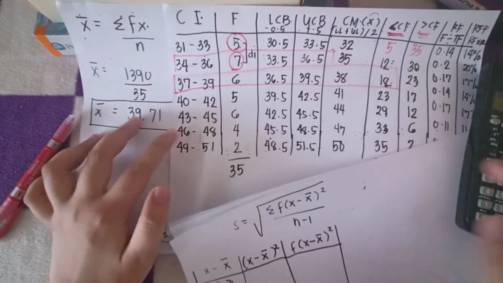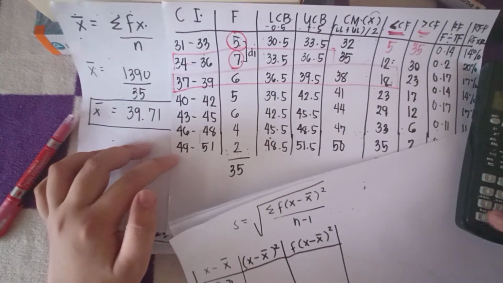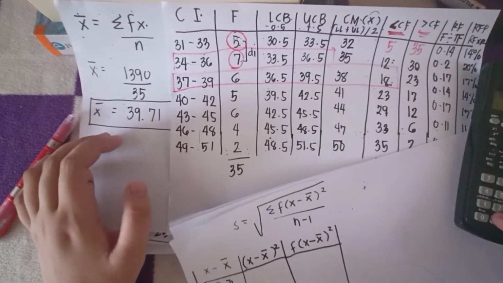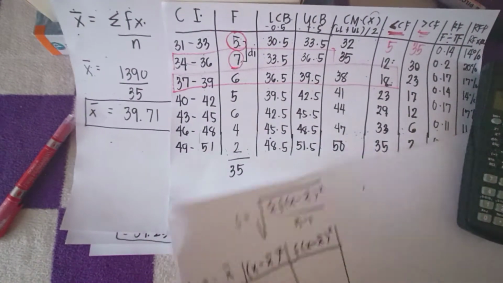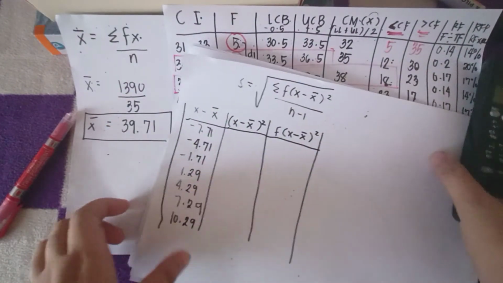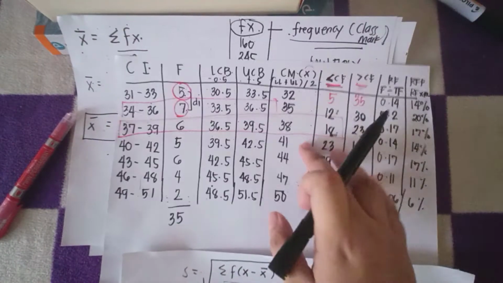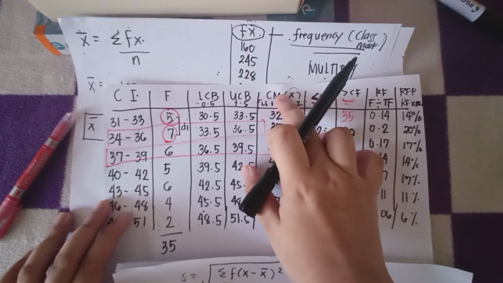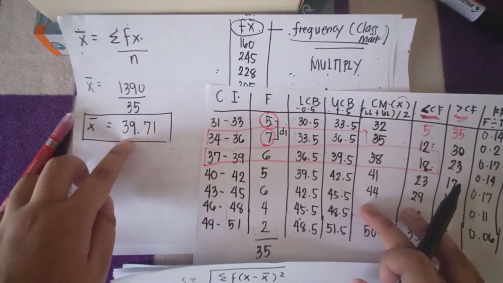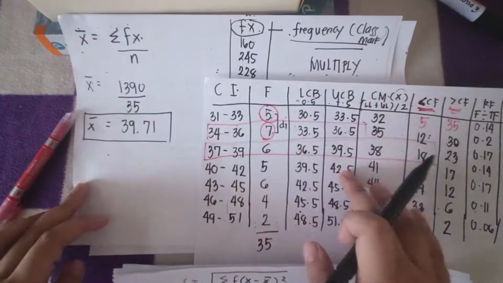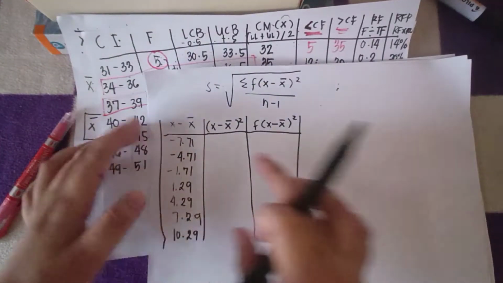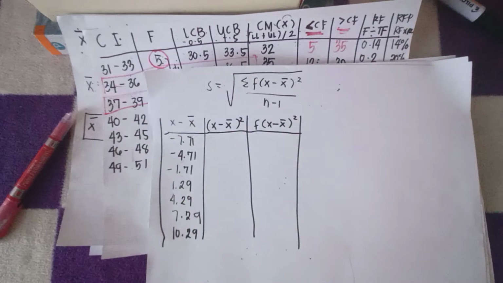And then lastly, 50 minus 39.71, 10.29. So, X, which is class mark, minus your mean, para po makuha yung ating x minus mean.